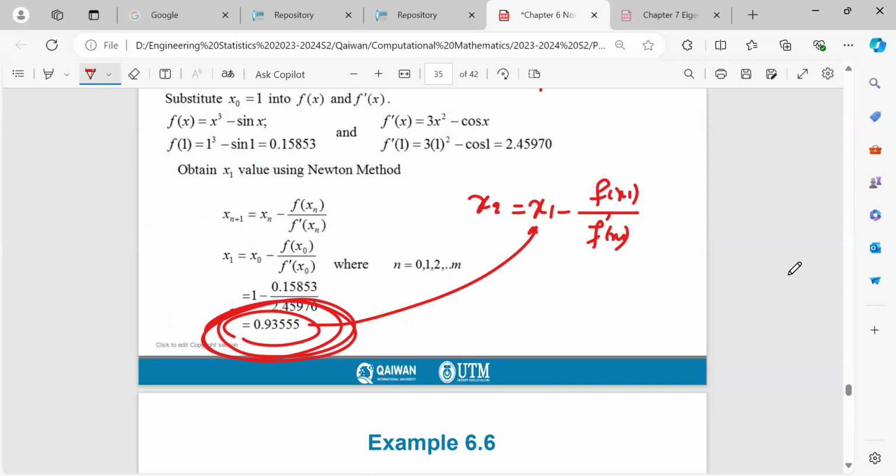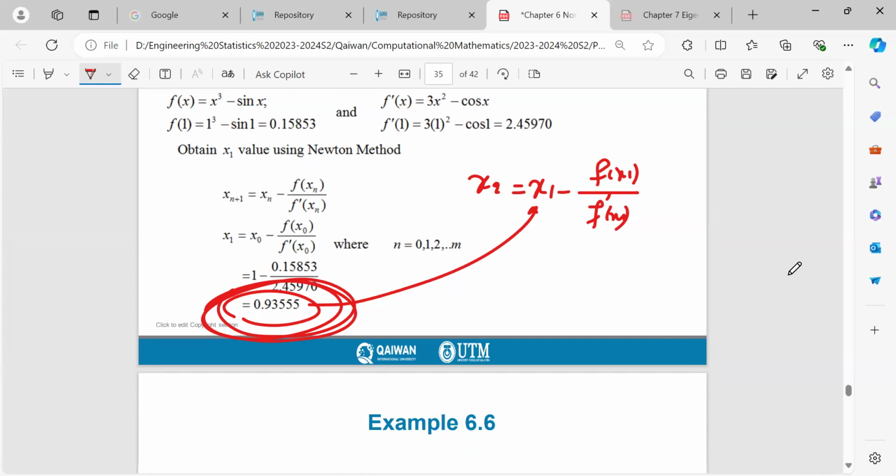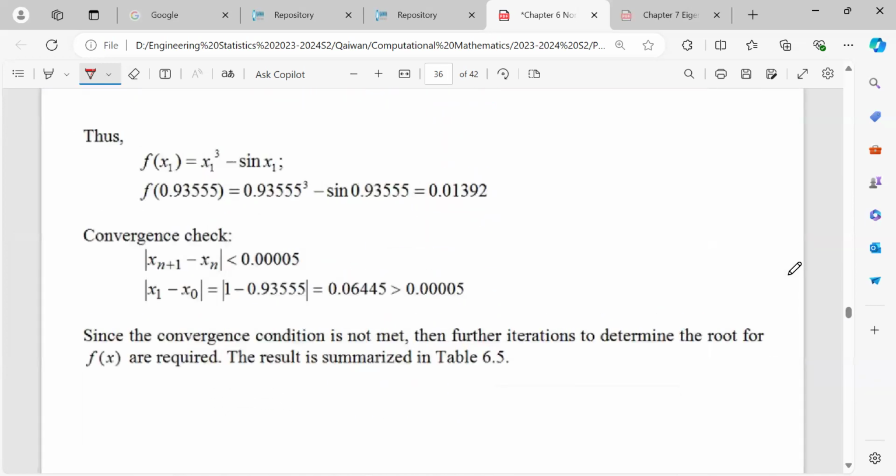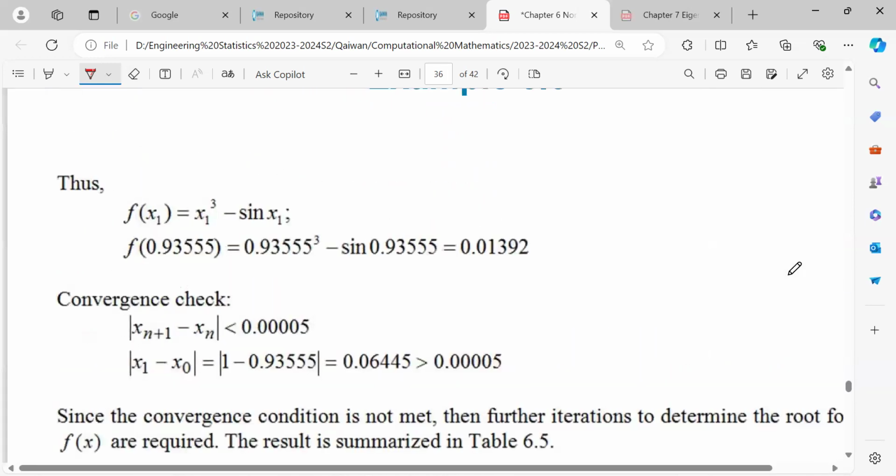Here, in finding x2, we use x1. So we have to have the evaluation of both functions, f of x and f prime of x, at x1. This is f of x, and we should find f prime of x.